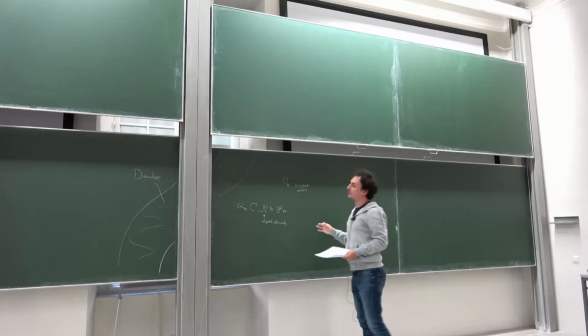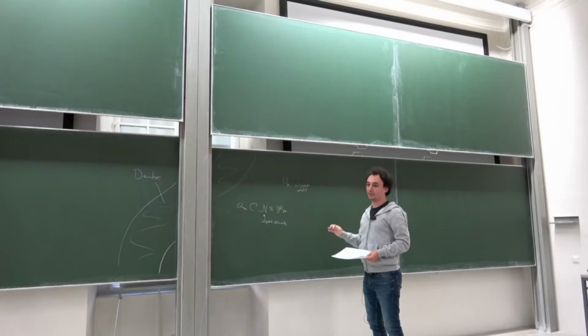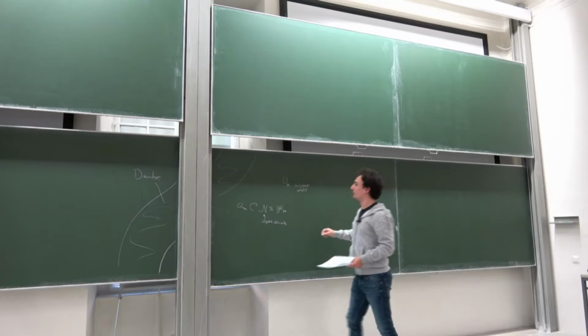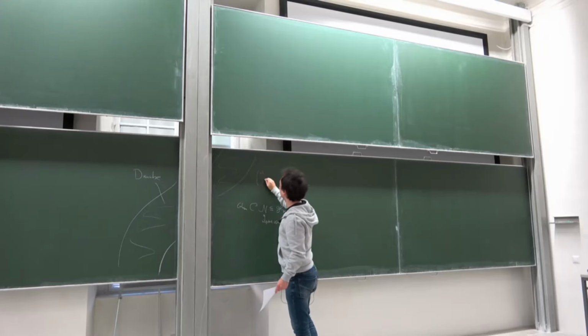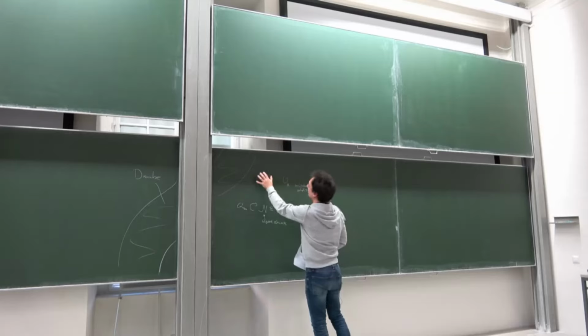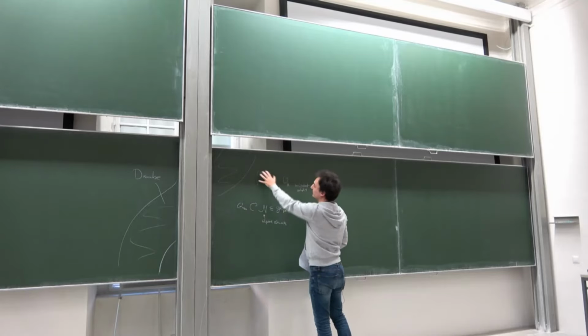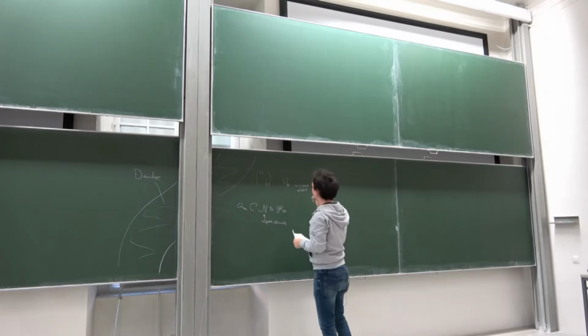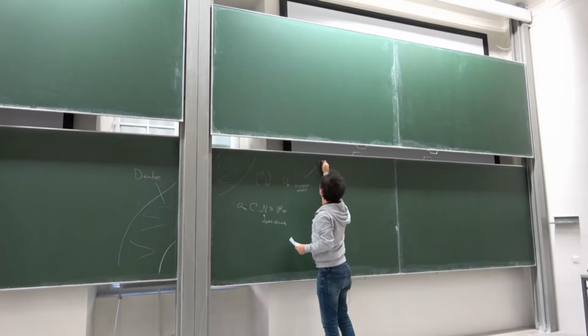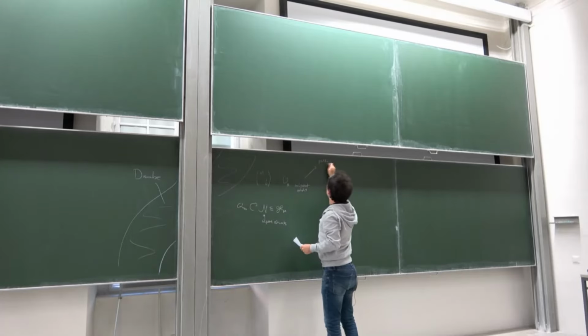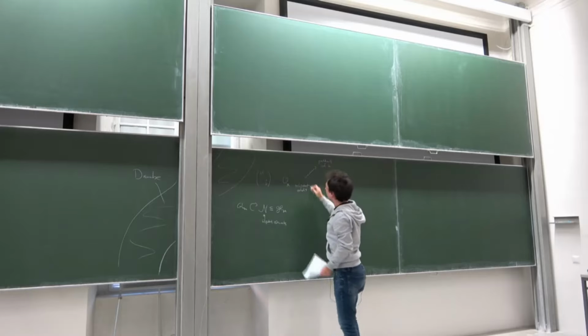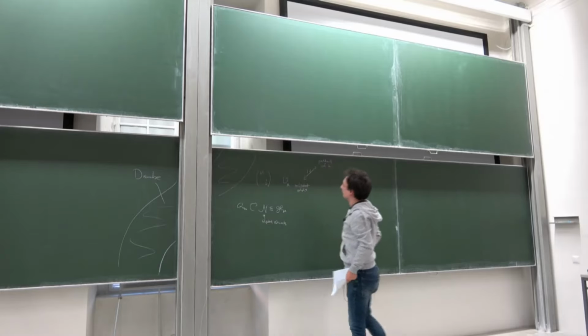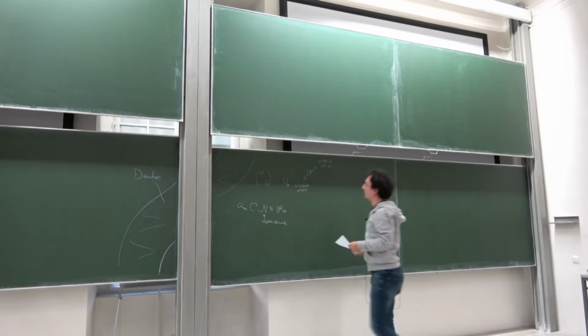What I can do with this is bring it to Jordan normal form. Then I have a couple of Jordan blocks, and each of the Jordan blocks looks like this, and I can arrange them in such a way that the size descends along the diagonal. So what this gives me is a partition, and so what I actually get is a one-to-one correspondence between these nilpotent orbits and partitions.